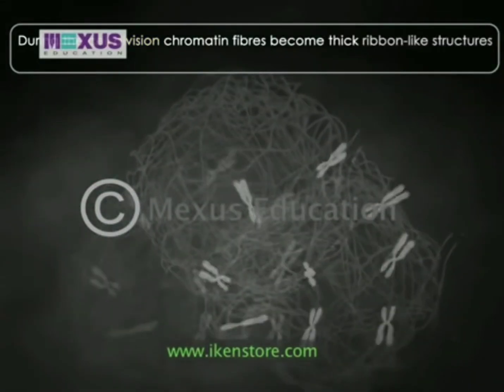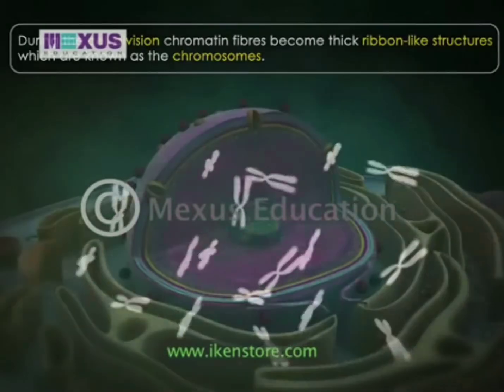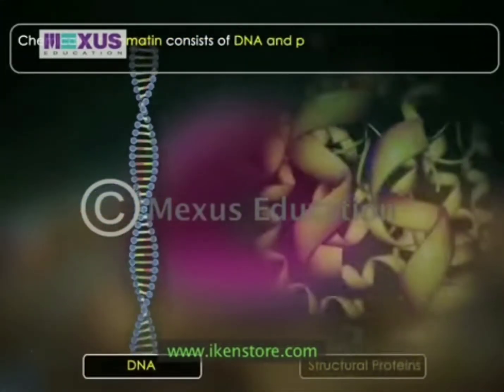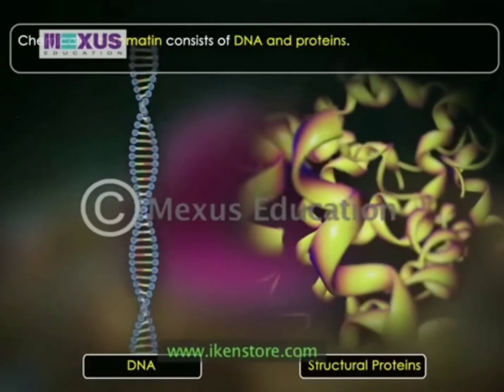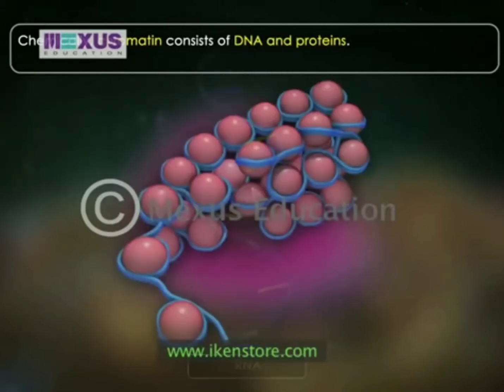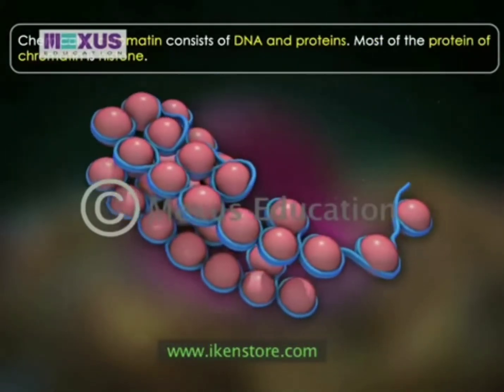Chemically, it consists of DNA and proteins. A small quantity of RNA may also be present. Most of the protein of chromatin is histone, but non-histone proteins are also present. The protein-DNA weight ratio averages about 1:1.